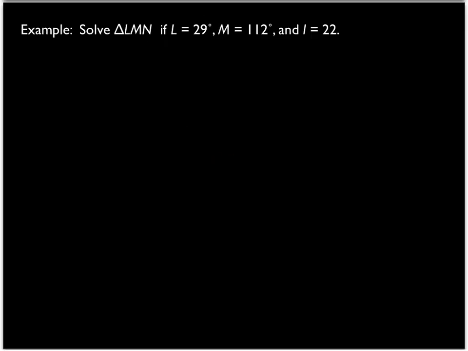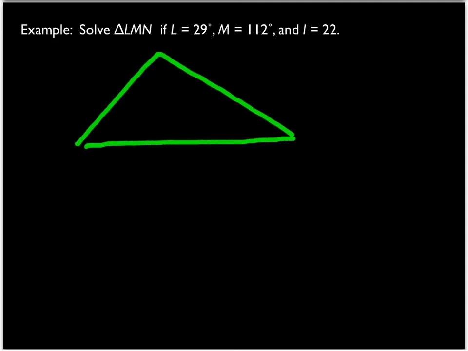So here's our example 1. Solve triangle LMN. If L is 29, M is 112, and side L is 22. First step is to draw the triangle, and if you can draw it sort of to scale like that, that's helpful but not necessary.